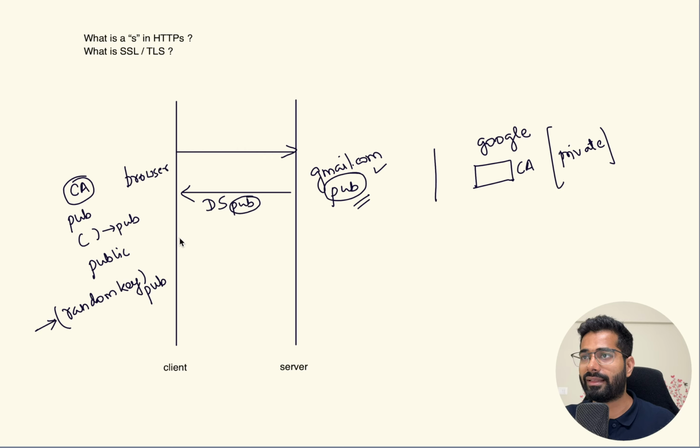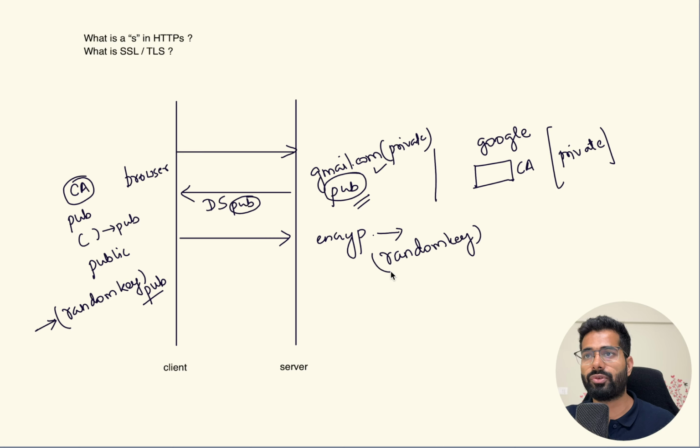Then this encrypted data is sent to gmail.com. Now this encrypted data is decrypted using the private key, because Gmail is the only one having its own private key. Since it was encrypted using the public key of Gmail, from the encrypted data, Gmail will get the random key.